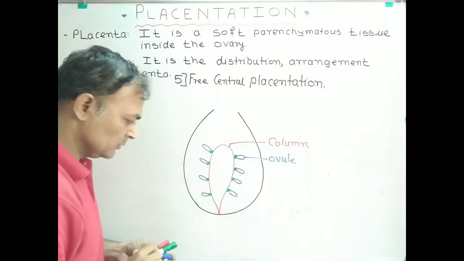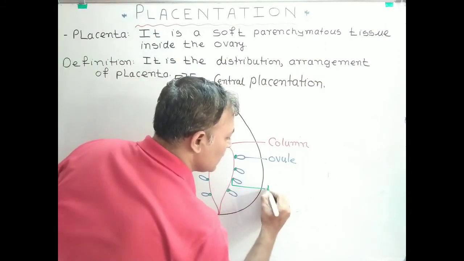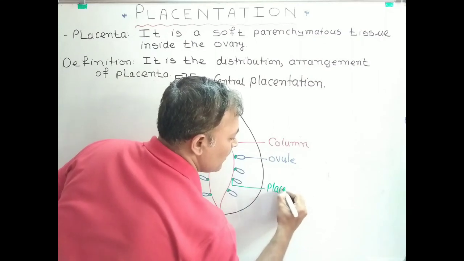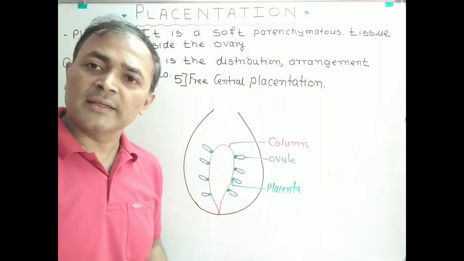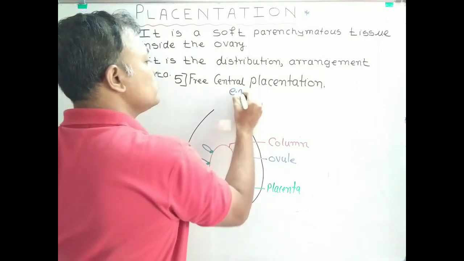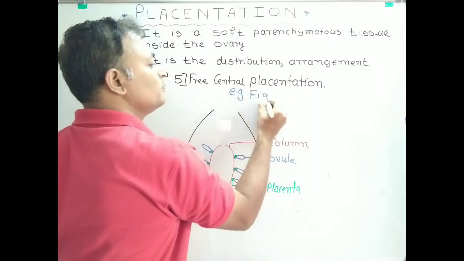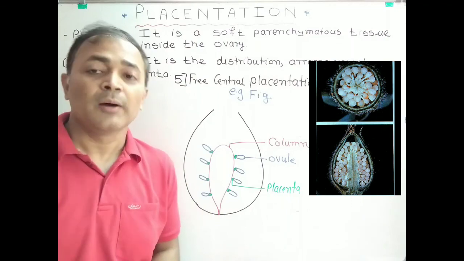Ovules, and this is the placenta. This type of placentation is seen in fig. So that's all about the different types of placentations.